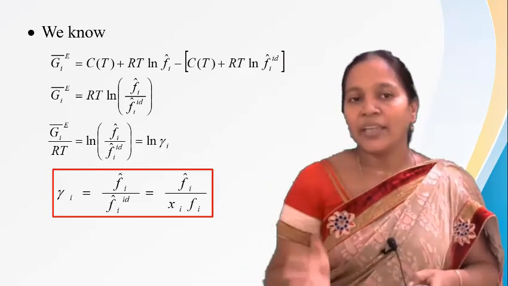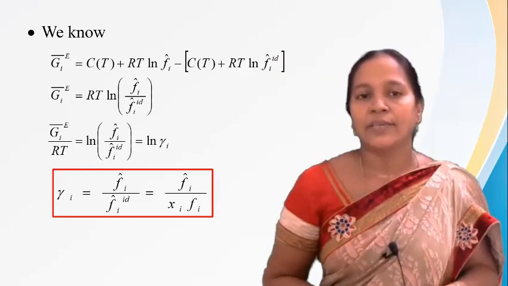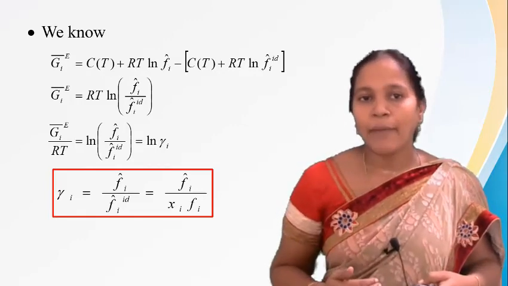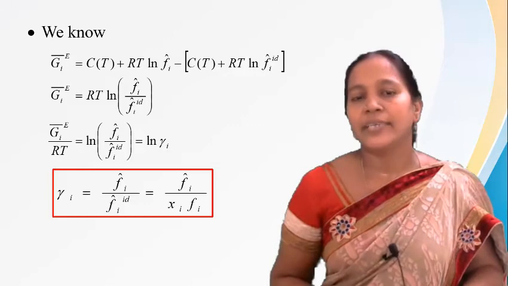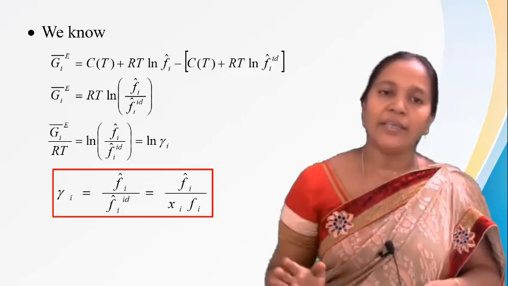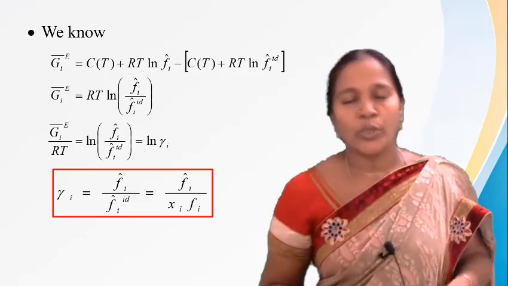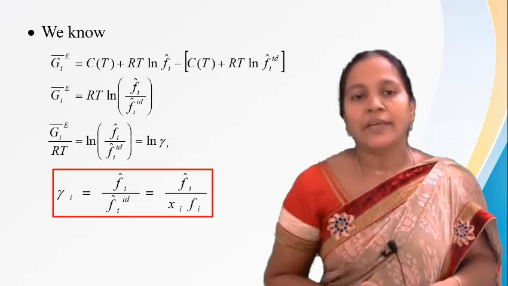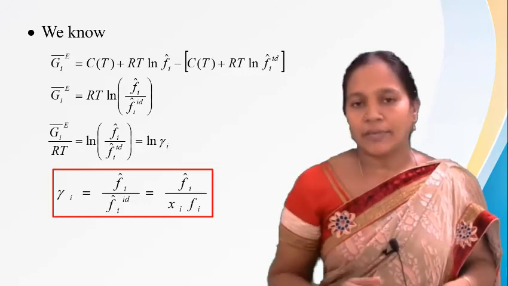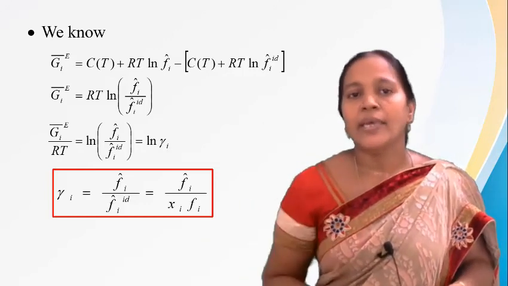Therefore, G bar i E divided by RT is equal to ln (Fi cap by Fi cap ID), which is equal to ln gamma i. Here gamma i is the activity coefficient. Gamma i is equal to Fi cap by Fi cap ID, that is equal to Fi cap by Xi Fi.